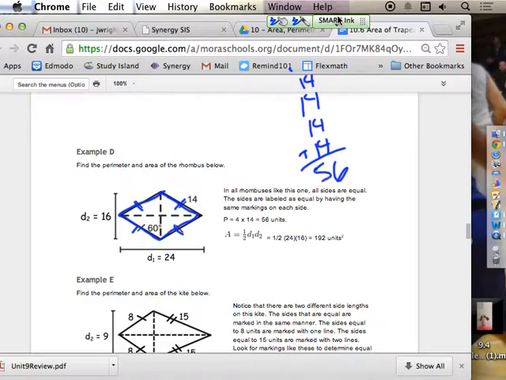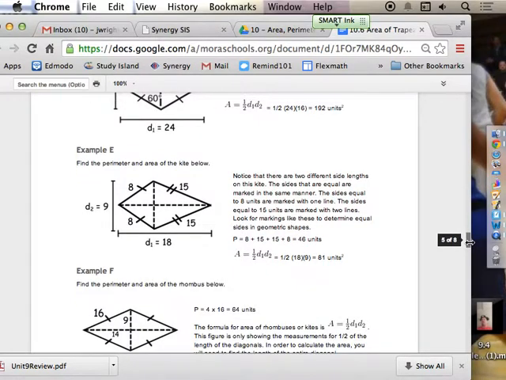Some people know the shortcut of taking 14 times 4 since all sides are the same, but I'm a little apprehensive about that because that makes people want to put squared because we multiply them. It's not squared, it's just 56 units. Questions? Okay, let's do another one.